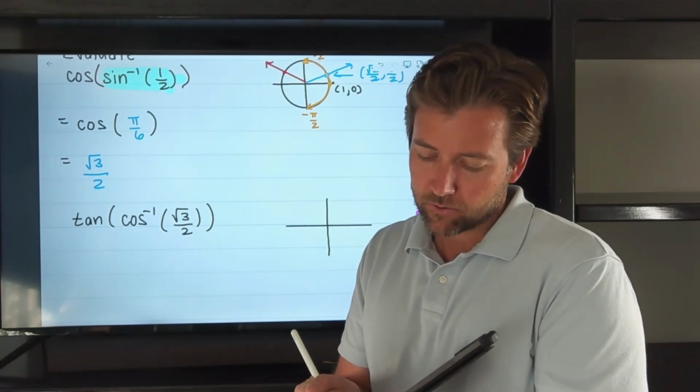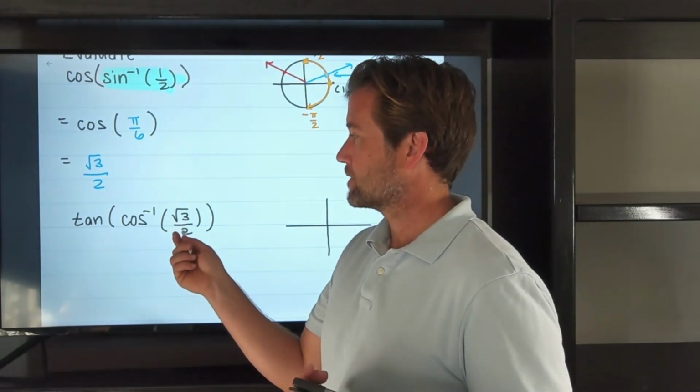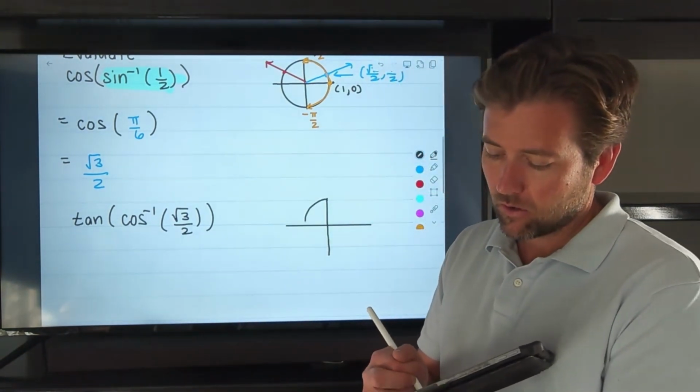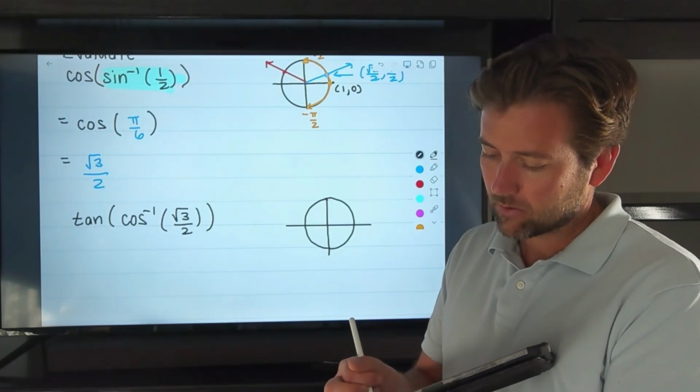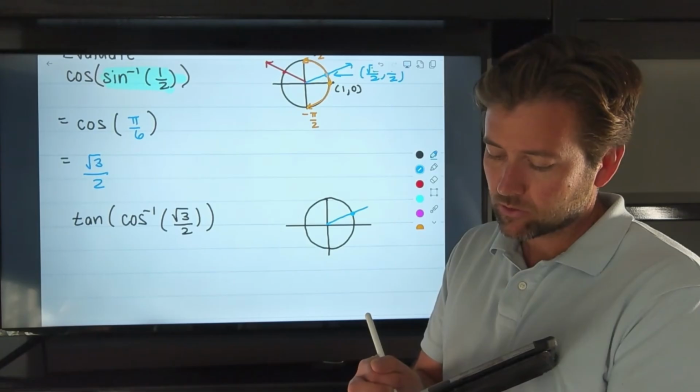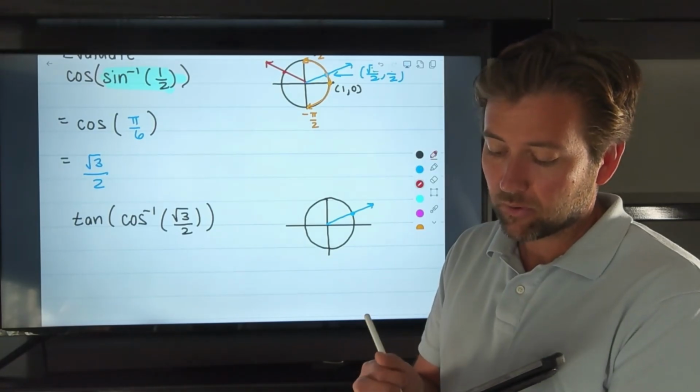So arc cosine of this input, square root of 3 over 2, the square root of 3 over 2 represents an x-coordinate on the unit circle. So there's 2 places, 2 points with x-coordinates of positive square root of 3 over 2.